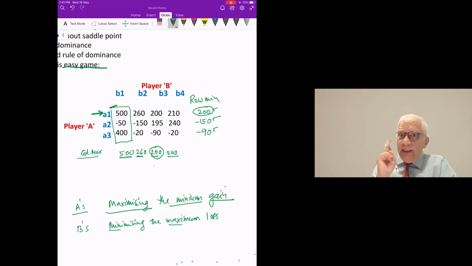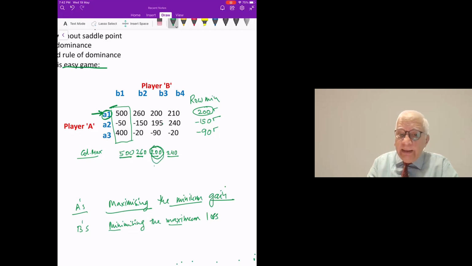Now see, what is the optimal strategy for player A? The optimal strategy for player A was A1. And the optimal strategy for player B is B3.